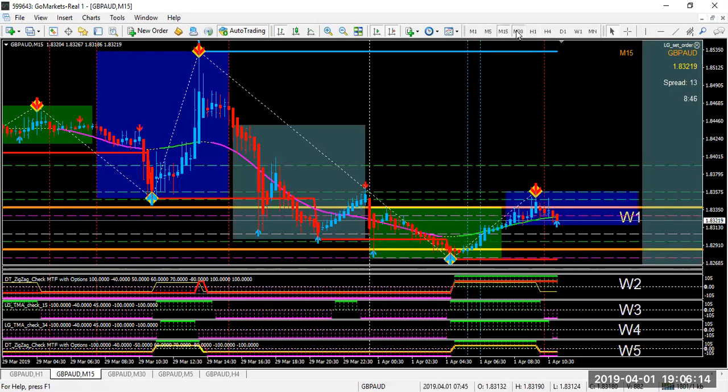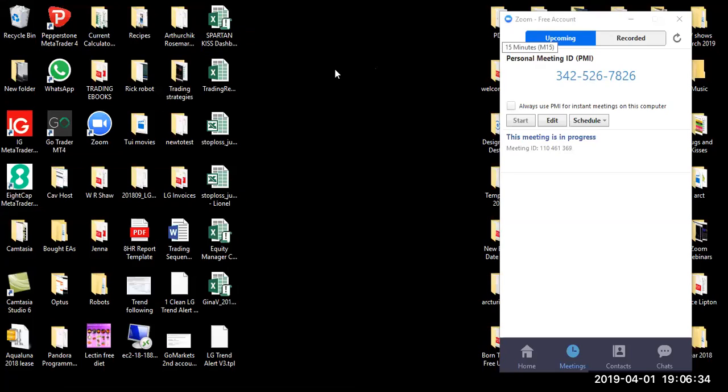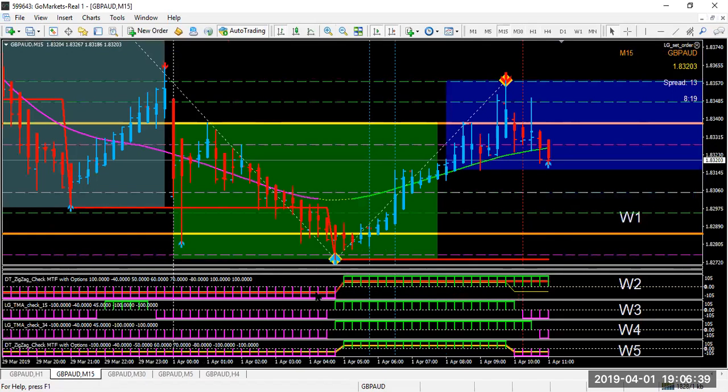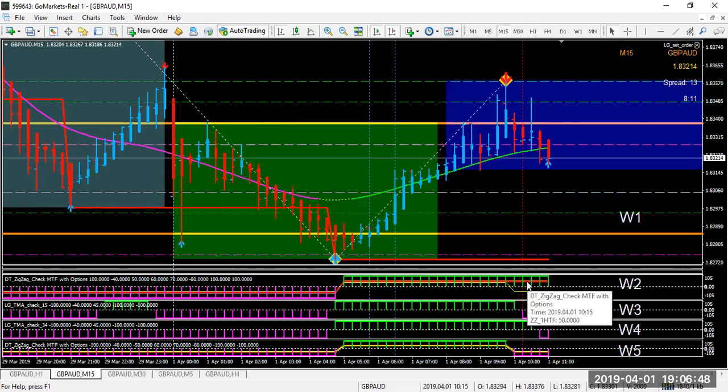Let me just refresh it. Okay, so we just get back to the 8-hour report. You can see that by thickening up the red line in window 2, what am I highlighting?